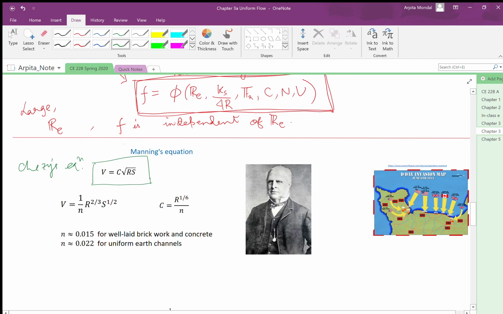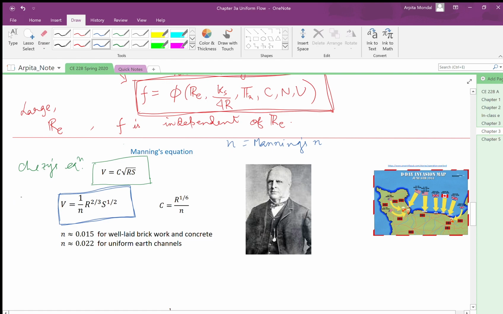So what Robert Manning did was combine a set of empirical equations and come up with his own version of the expression for the velocity, which got later modified in this form, where the velocity is given by 1 upon n, where n is called Manning's roughness coefficient, Manning's n, and it is related to the hydraulic radius raised to the power of 2/3 and the bed slope raised to the power of half.